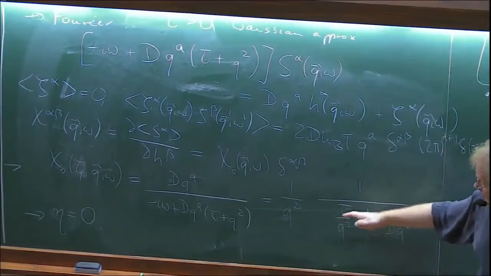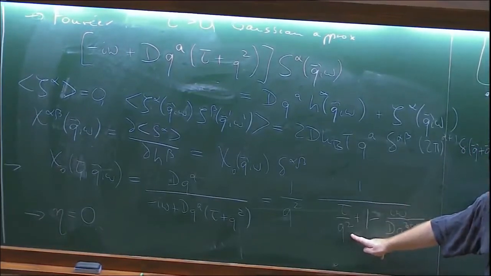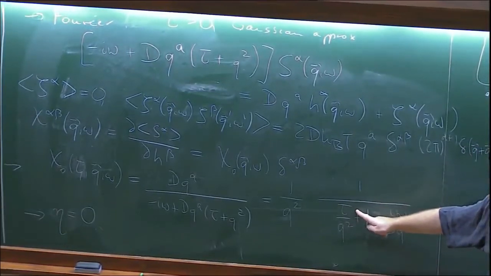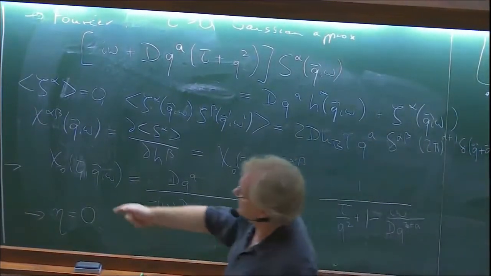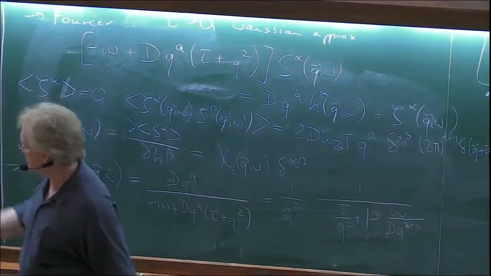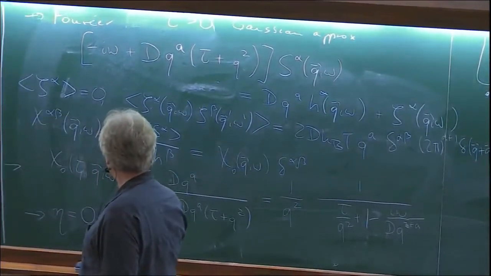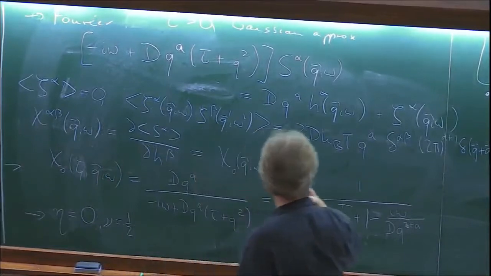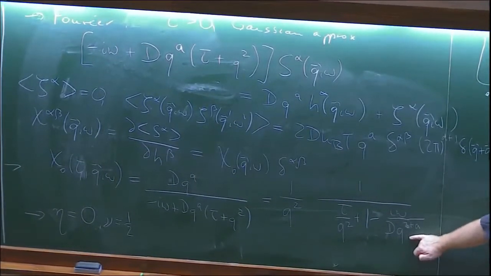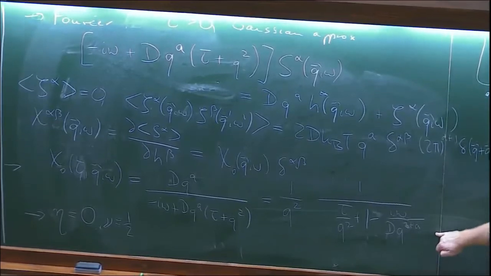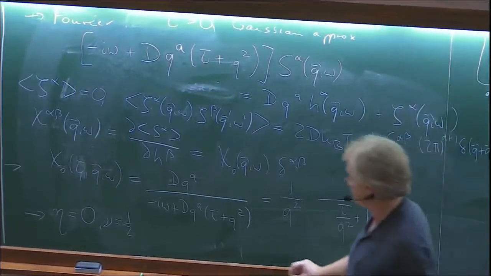This should be of the form psi squared q squared. So this tau needs to be psi to the minus 2, or psi needs to be tau to the minus 1/2. Right? And so we said that psi diverges as tau to the minus nu, so it tells me nu is 1/2. But it also tells me this should be omega divided by q to the z. So the dynamic exponent here is going to be 2 plus a.